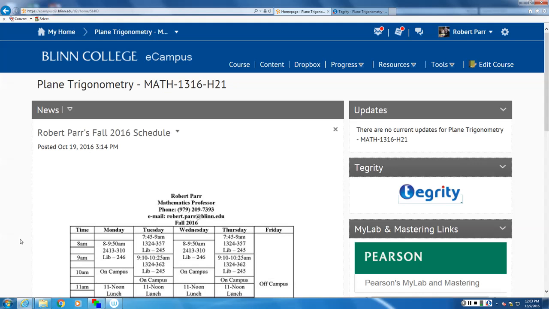The final exam is mostly multiple choice. There are some problems that are short answer.